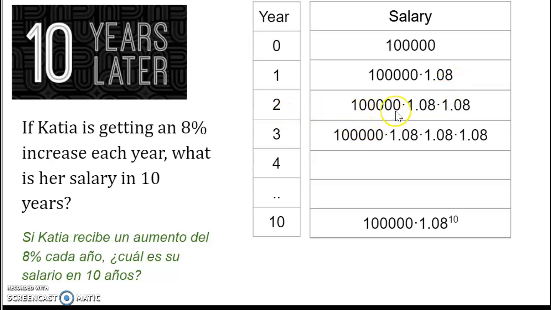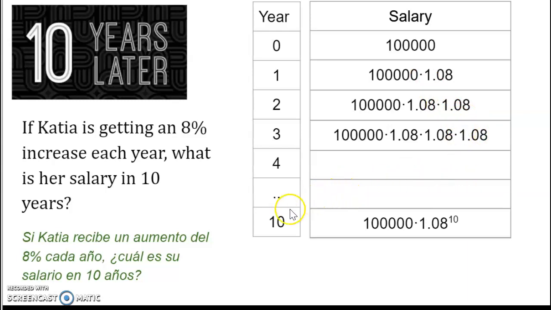In year 2 we multiplied that by 1.08 and another 1.08. So the previous by another 1.08, and then year 3 was whatever was previous, which was all of this, multiplied by another 1.08. So we keep on multiplying by 1.08 each time.